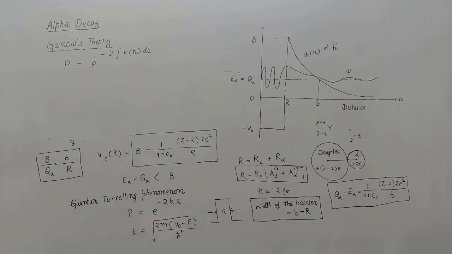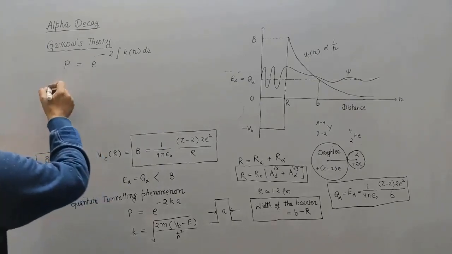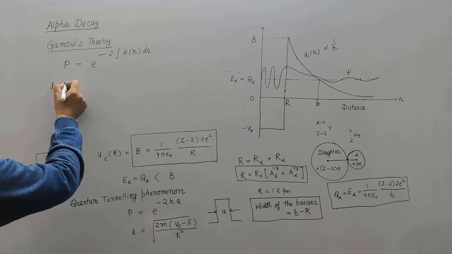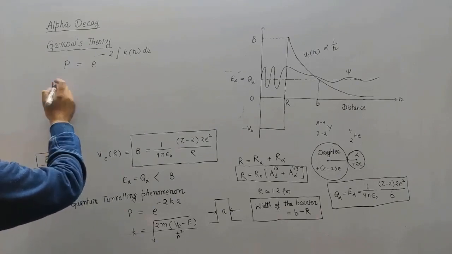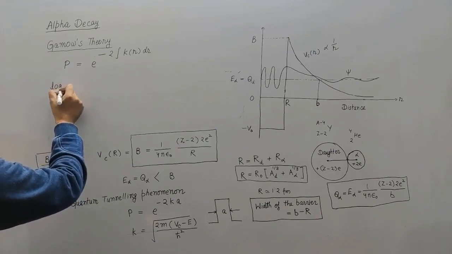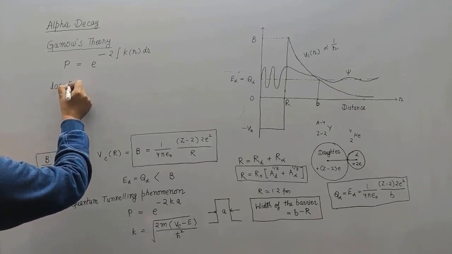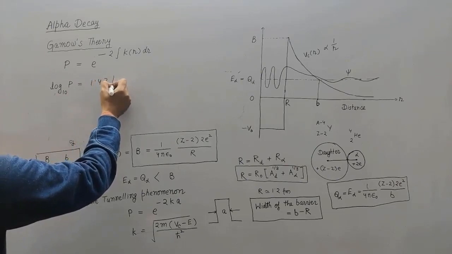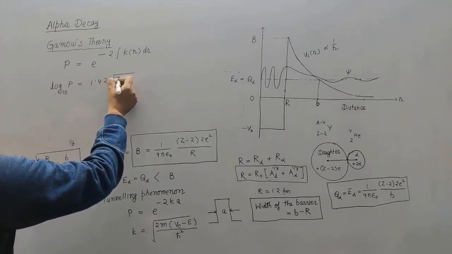If we solve this formula and substitute different values, then we find out finally what formula we are going to get. We are going to find out log 10 to the base P, and here it will be 1.42 square root of ZD.